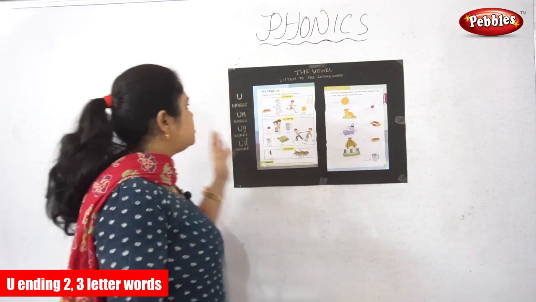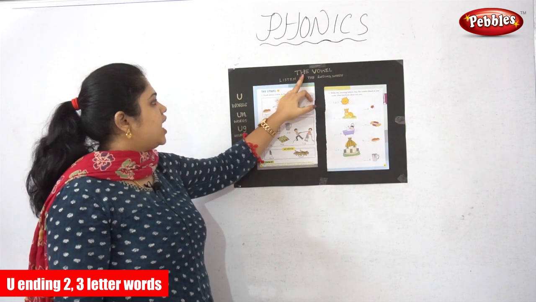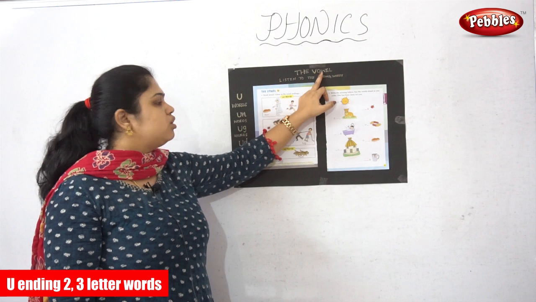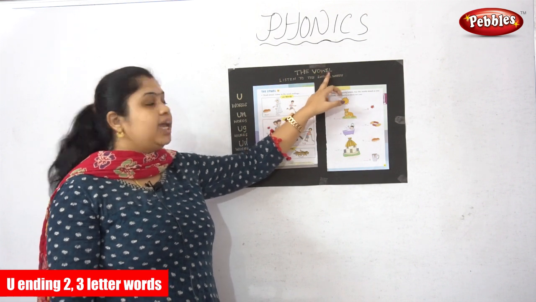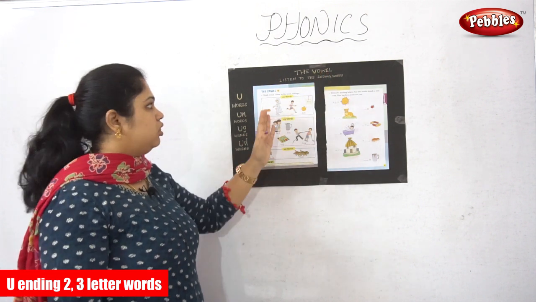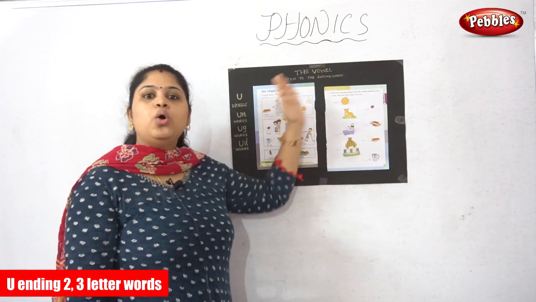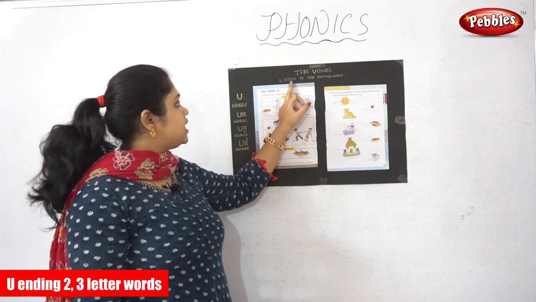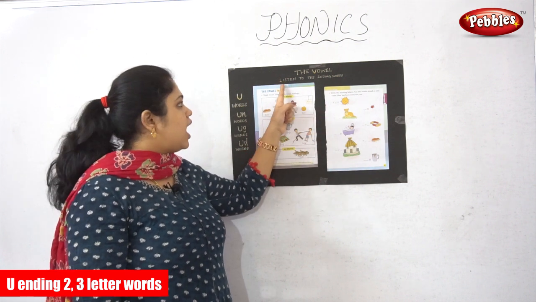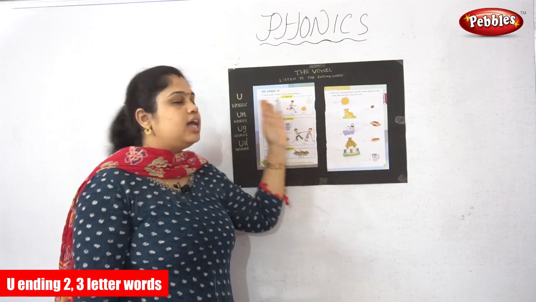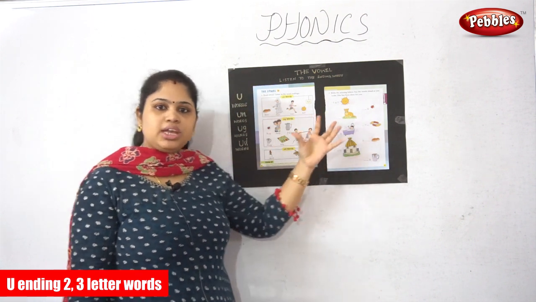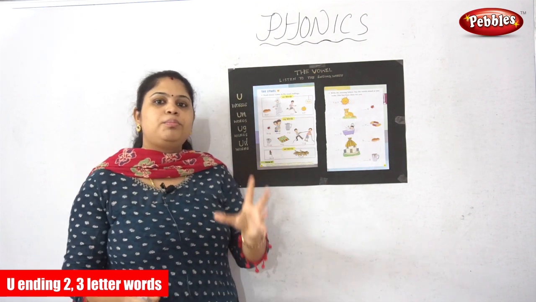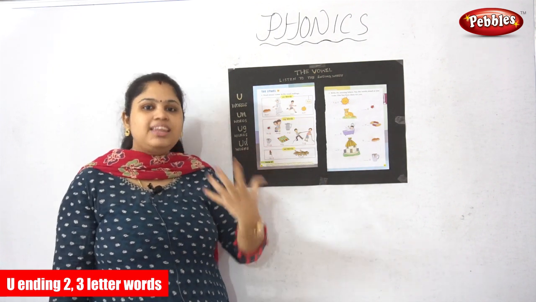First, T-H-E, the. V-O-W-E-L, vowel. The vowel. L-I-S-T-E-N, listen. When I am reading word by word, you should be very clear how to read the sentence.